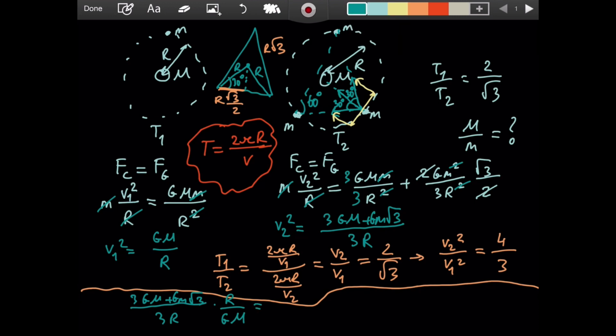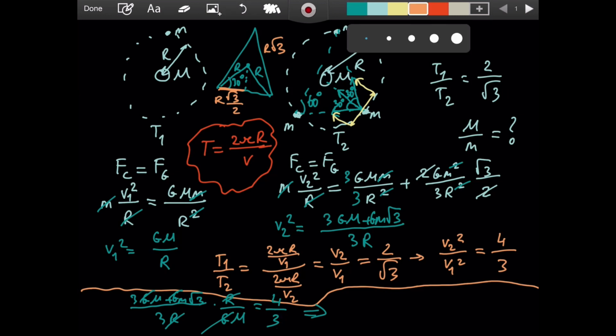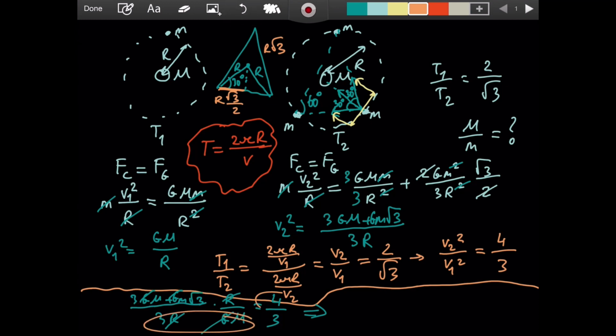And this is equal to 4 over 3. These r's drop, these g's drop. I will multiply this and equalize it to this and this multiplied.